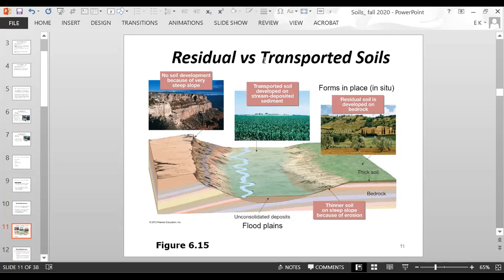And then in the middle, it shows you transported soil that is developed on floodplains, which are stream deposit sediments. So these are unconsolidated sediments that have weathered down into soil. And on this side is the bedrock that has weathered down into the soil.